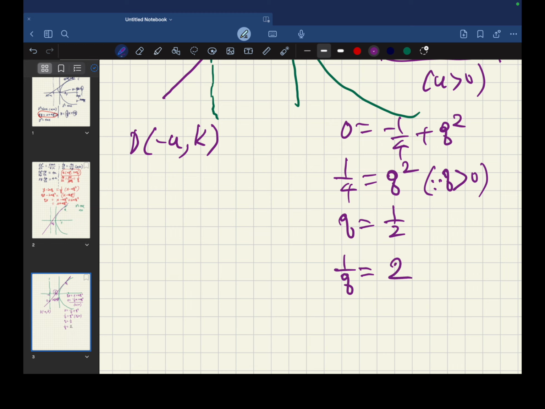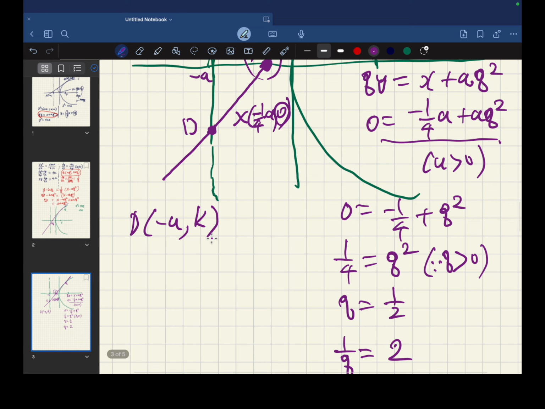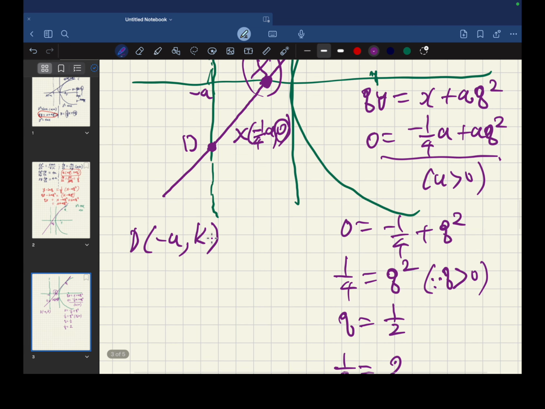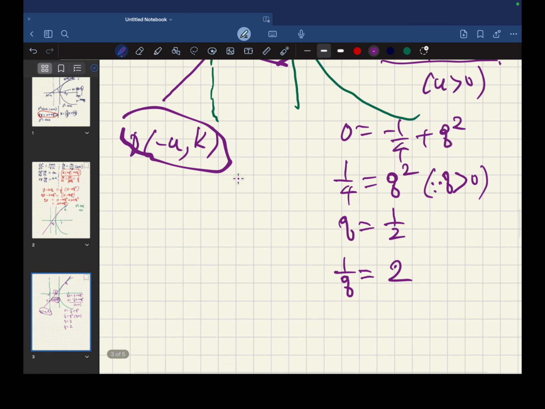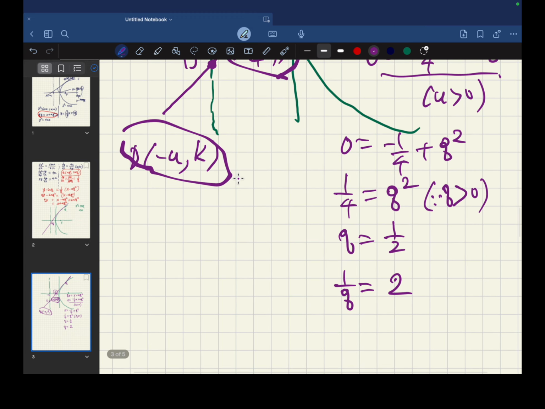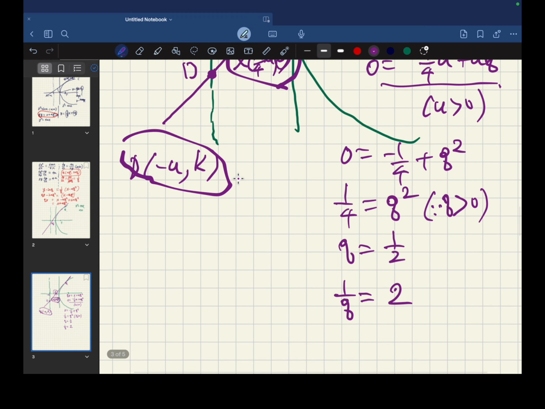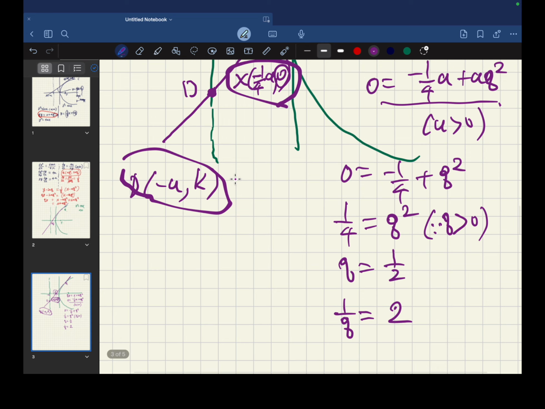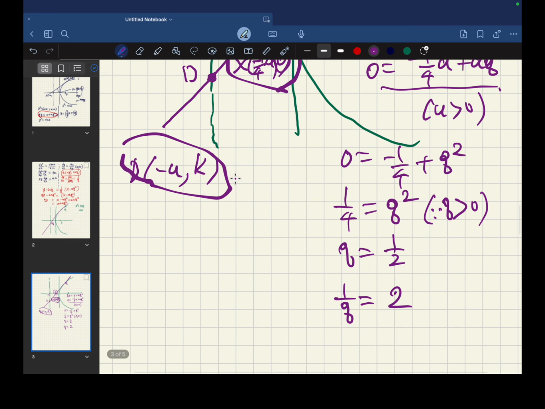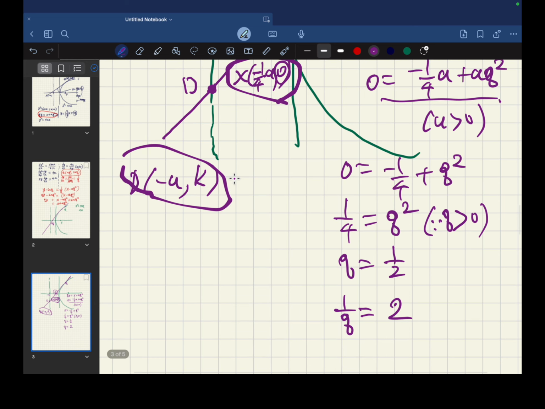And what I'm trying to do is, using the relationship between the point D and point X, calculate and express the slope of this line with another expression.